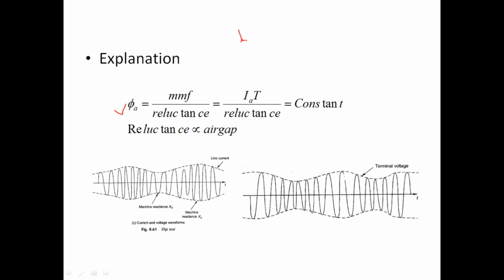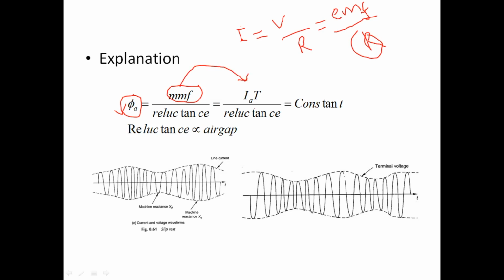You can easily understand it this way: current is equal to voltage by resistance, or EMF by resistance. In magnetism, similar to current is flux, similar to EMF is MMF, and similar to resistance is reluctance. So you can easily remember: phi equals MMF by reluctance.